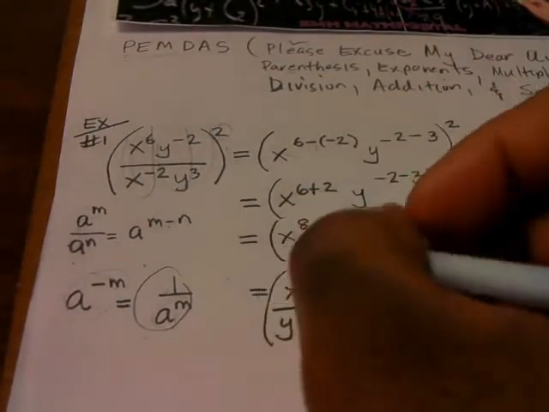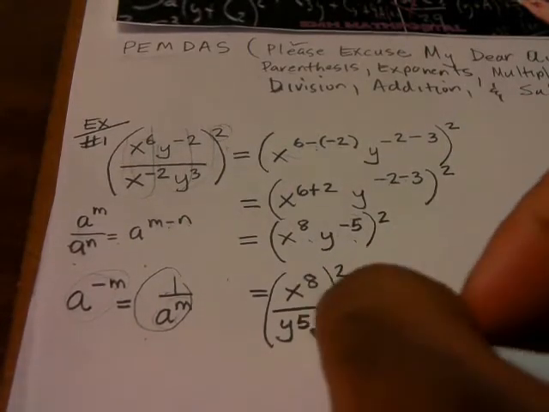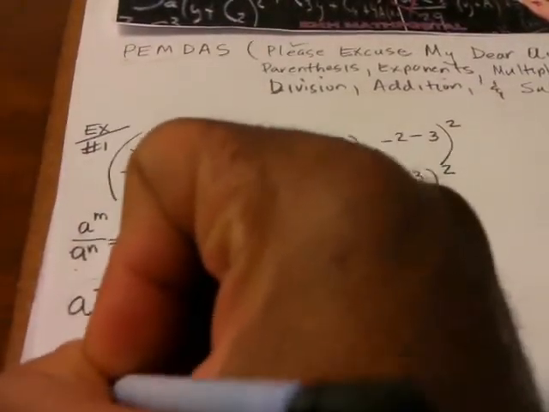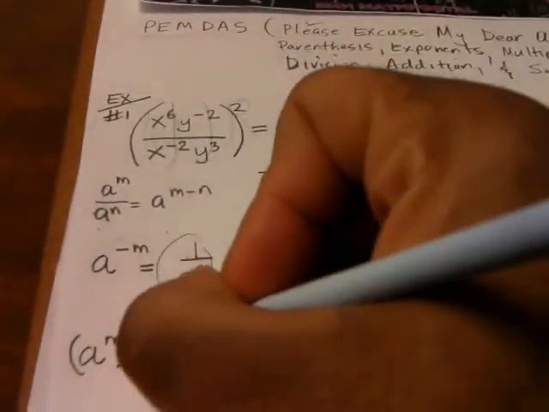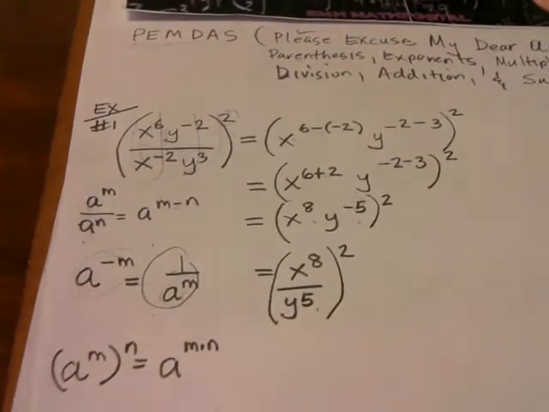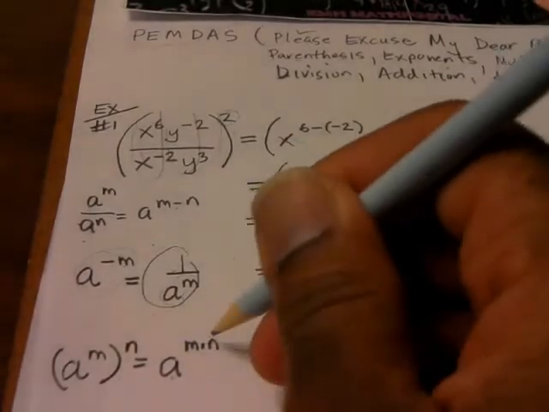And then, since we have a power raised for your numerator and denominator, we apply the power rule, which is a power raised to another power. a raised to the m, raised to the n, gives a raised to the product of m and n.